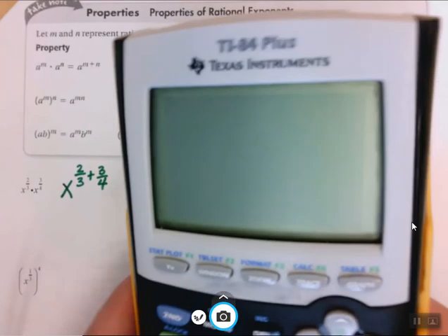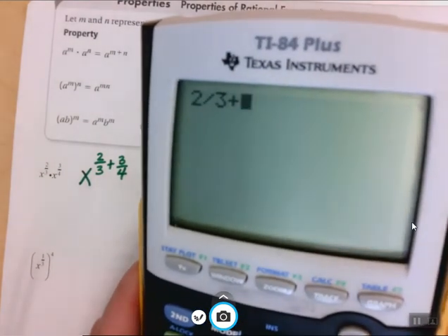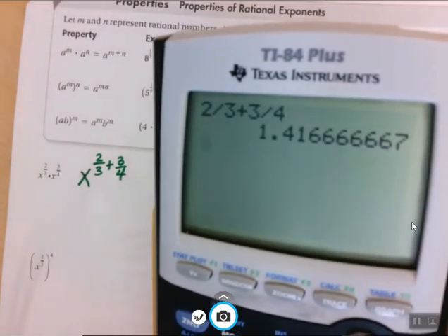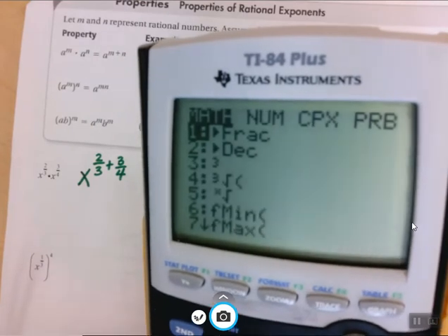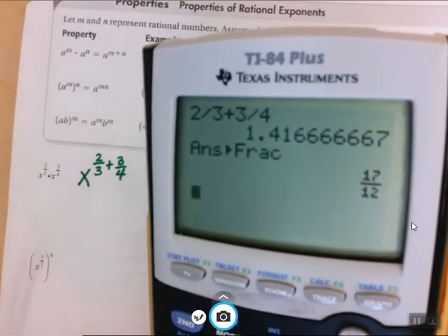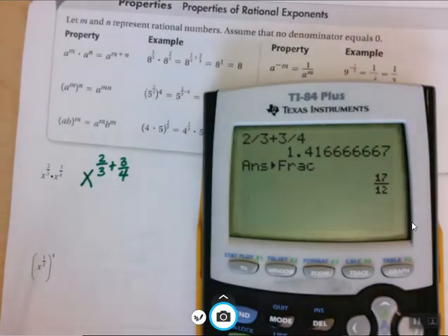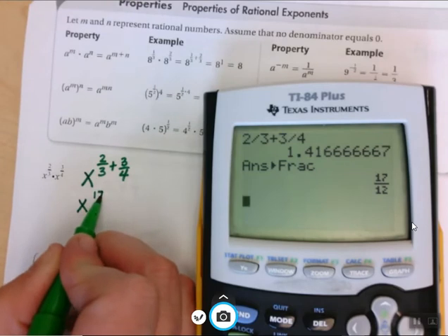I'm going to do 2/3 plus 3/4. And then I get this, but I'm going to press math fraction. Math fraction. And I get 17/12. So this is going to give me x to the 17/12.